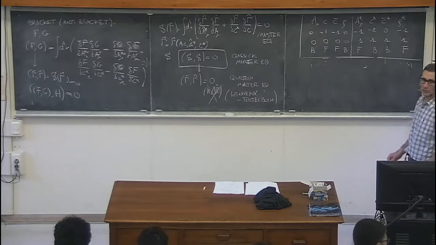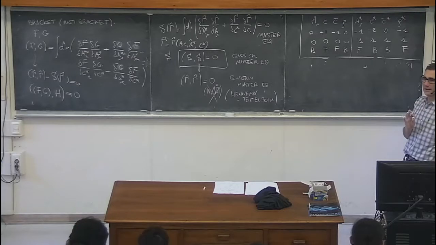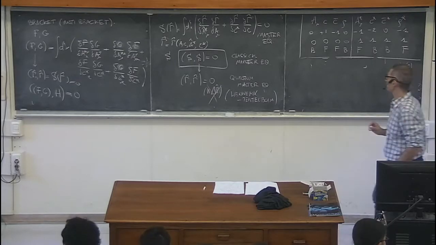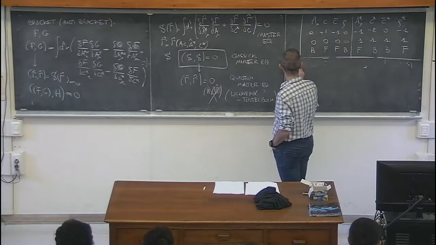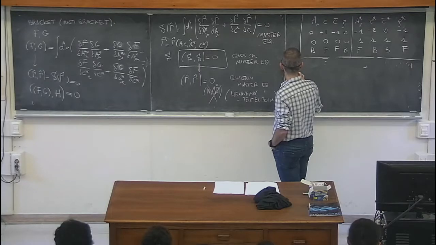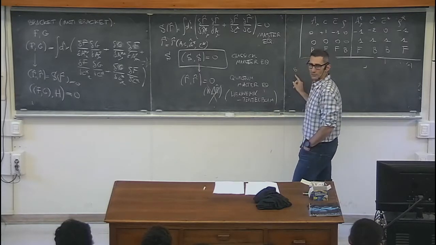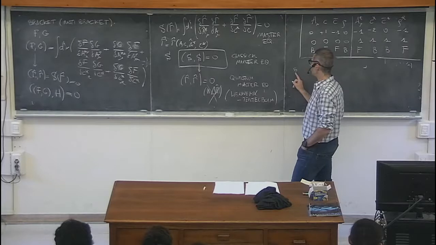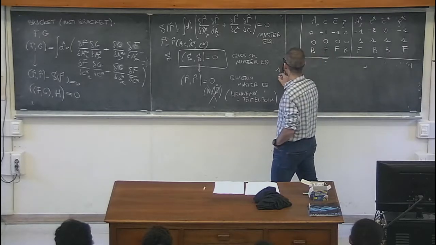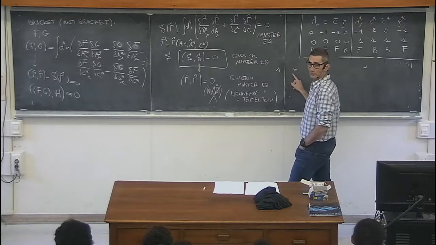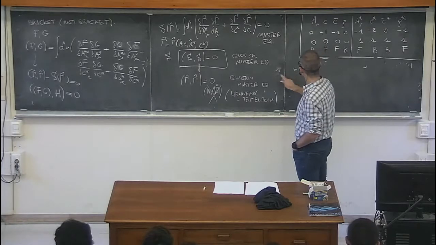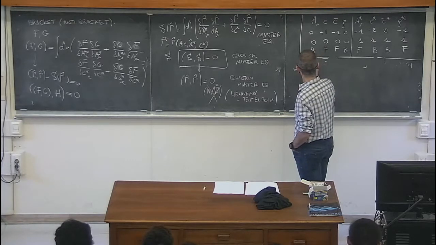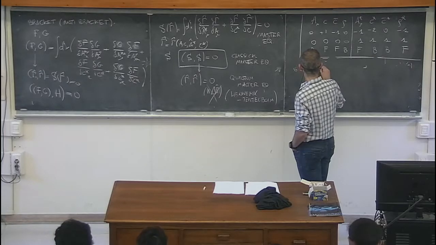Now, what you can do is the following. You can define a differential operator, which I'm now going to call small s, to be different from the calligraphic S that I was using before. I use a small s, and I define it in this way. I take the bracket with S with any field.